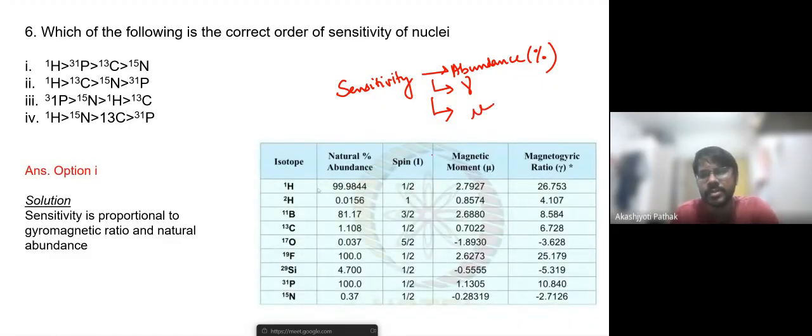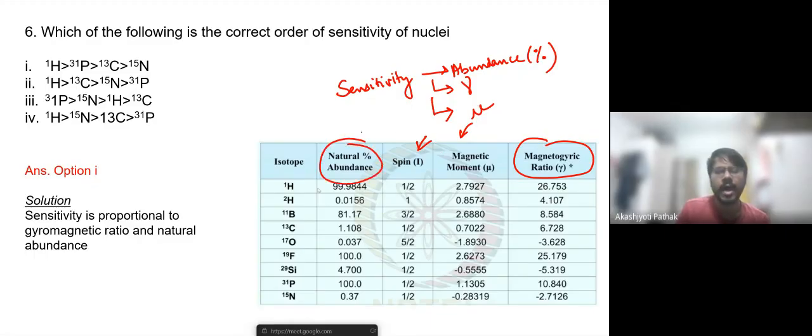So these are the three factors: magnetic moment, spin quantum number, and the gyromagnetic ratio. If you compare all these, sensitivity is proportional to gyromagnetic ratio and natural abundance. The one having a higher gyromagnetic ratio and higher natural abundance will have a higher sensitivity.